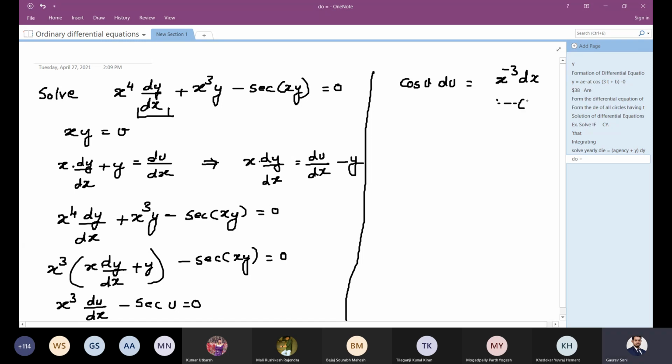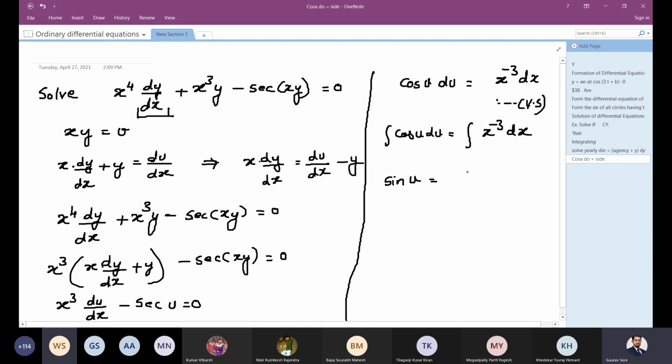This is variable separable form. Integrate cos u du is equal to integration x raised to minus 3 dx. Integration of cos u is sin u, which is equal to x raised to minus 3 integrated, 1 by 2x square with a minus sign.